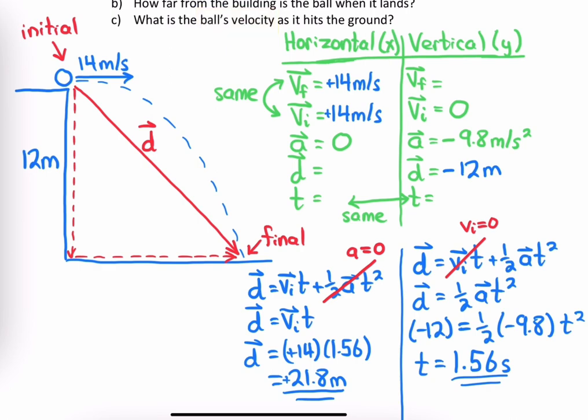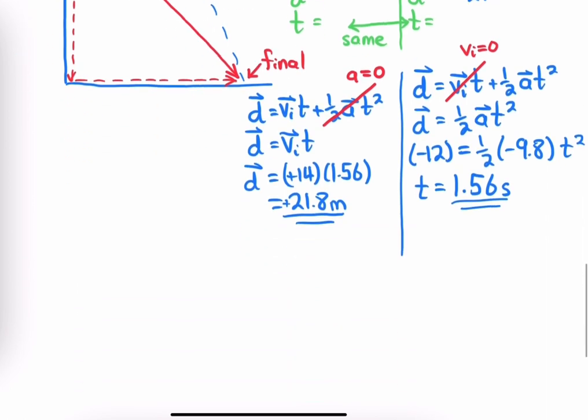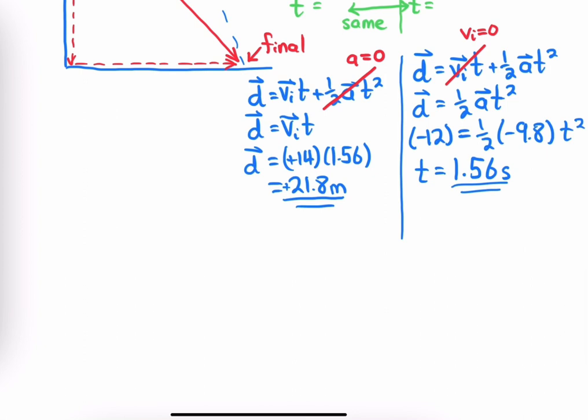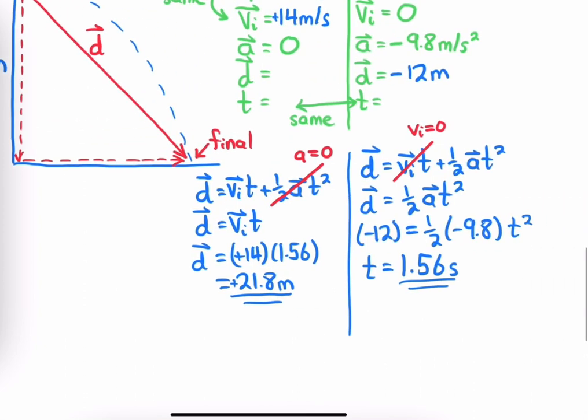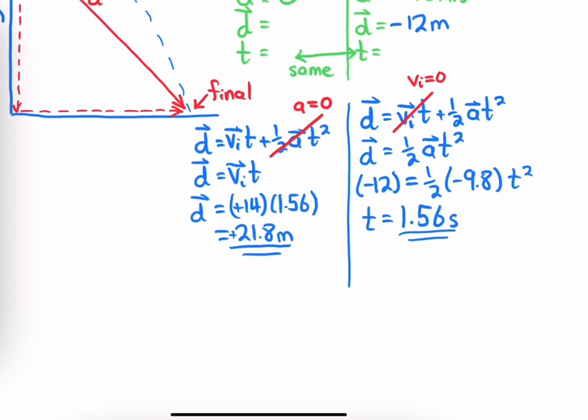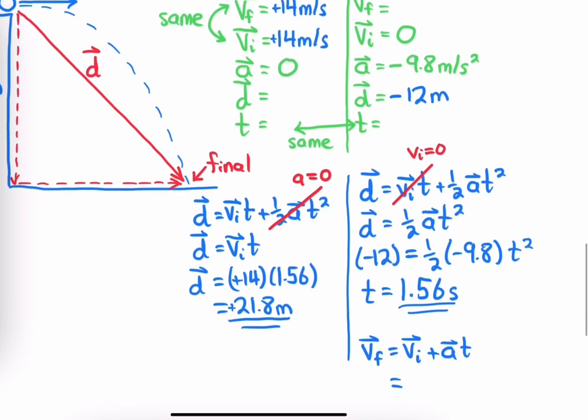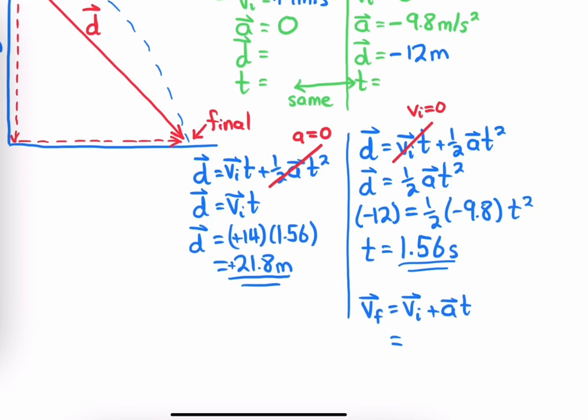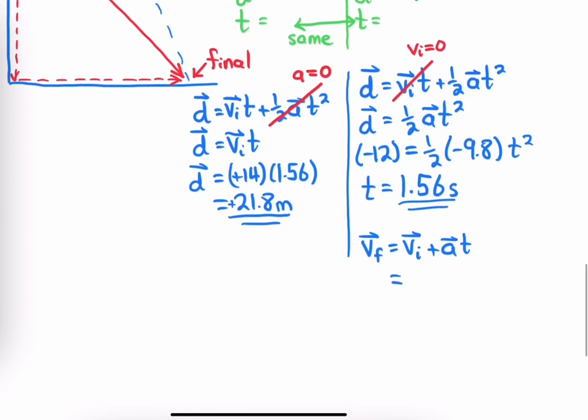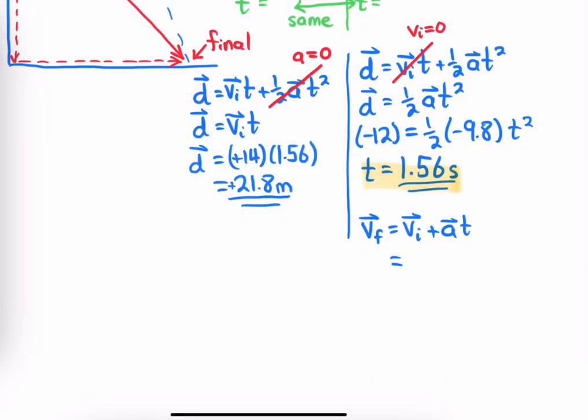Okay, so I already have one component. I have the horizontal one. Now let's find the vertical one. So back over here on the vertical side, I want to find VF. So I'm going to say VF equals VI plus AT. VI is 0, I have that up here. T is 1.56, I found that down here.